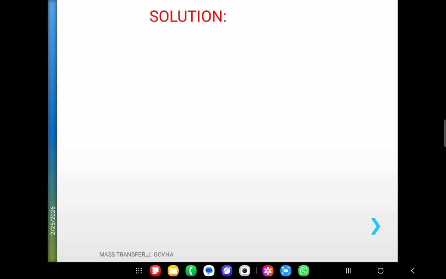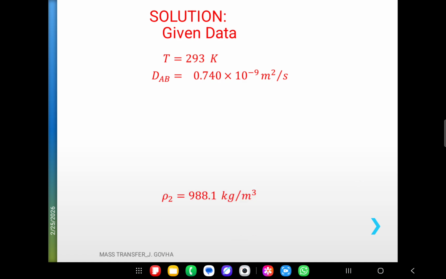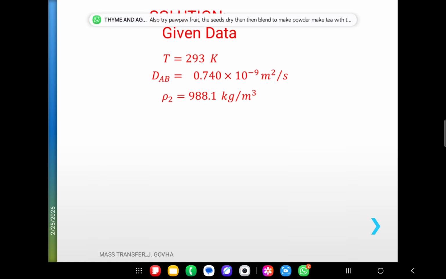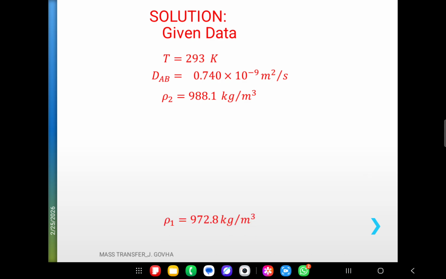So let's first determine the given data. Our temperature is 293 kelvins. Our DAB as given is 0.740 times 10 to the power minus 9 meters squared per second. Then our density at point 2 is 988.1, and the density at point 1 is 972 kgs per m cubed.